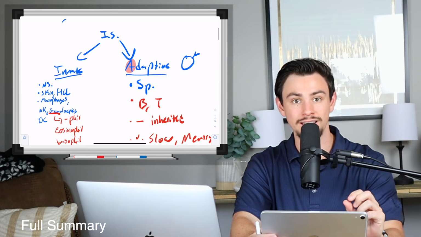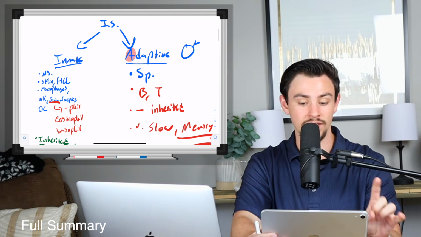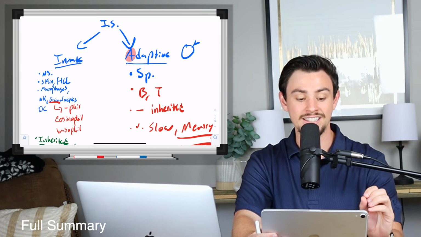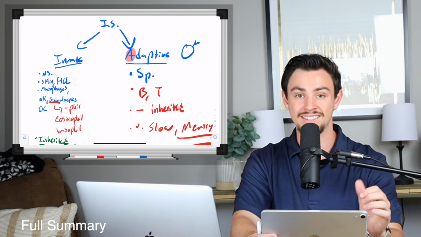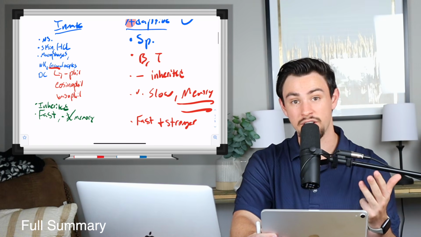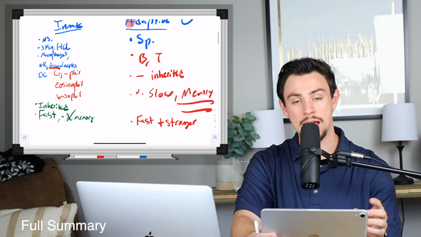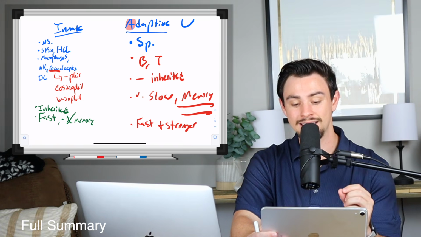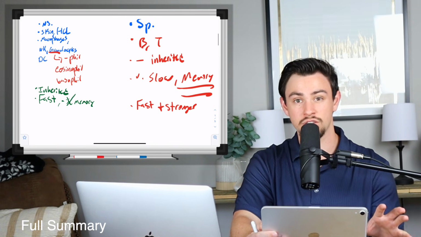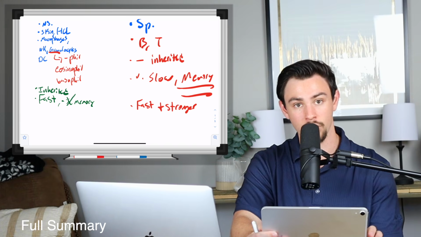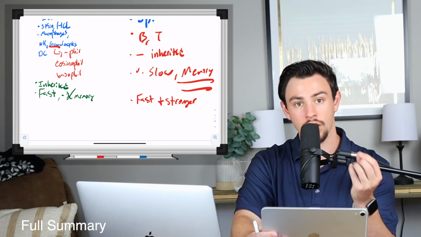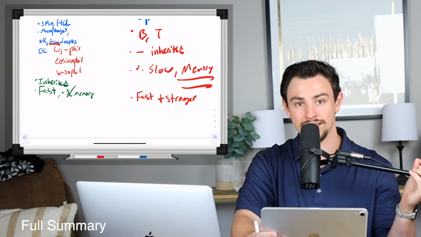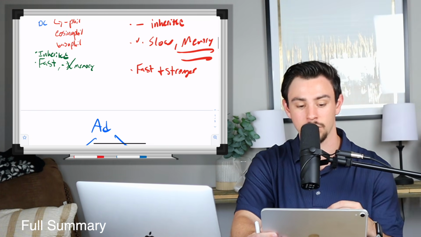The immune system is split into two large divisions, the innate versus the adaptive, where the innate is very non-specific, it's inherited, and it's very fast with no memory, whereas the adaptive is very specific. It uses lymphocytes like B and T cells. It's very slow, but it has a great memory. There's also this subsequent reaction where it is faster and stronger the more times that it encounters a specific antigen.